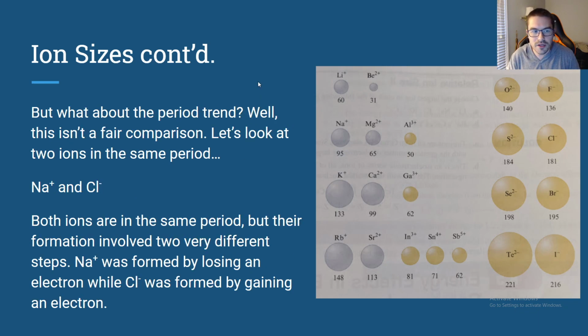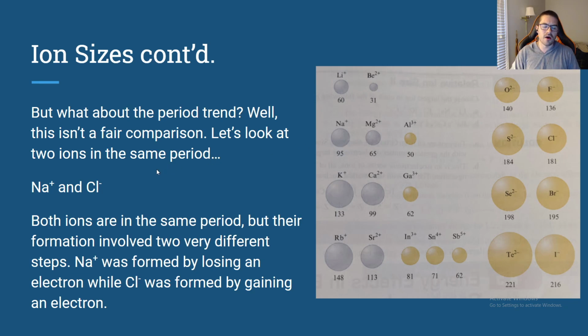What is a bit trickier is talking about the period trend. And in fact, it's not even a fair comparison. So let's take two ions that are in the same period. Let's go with sodium and chlorine. You can see that chlorine is close to double the size of sodium.